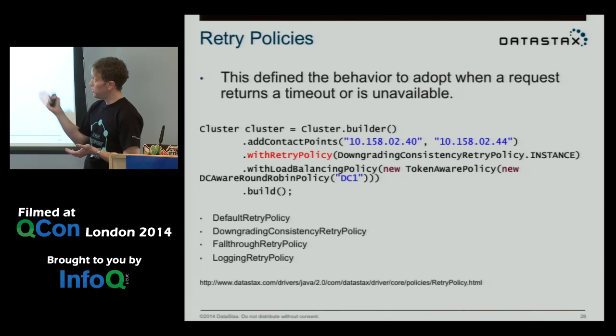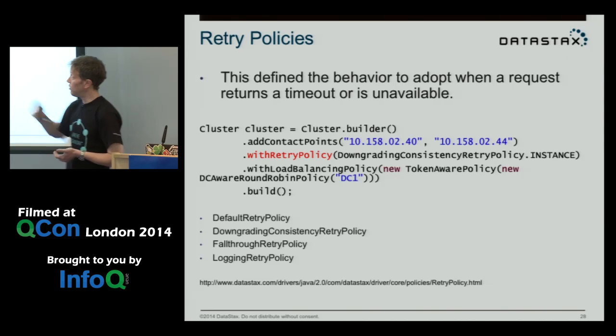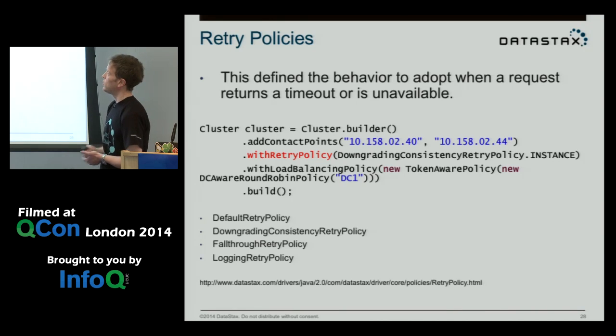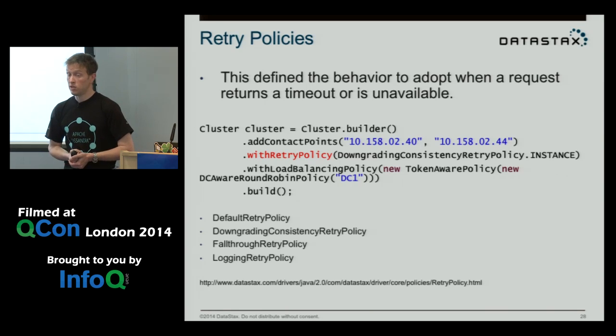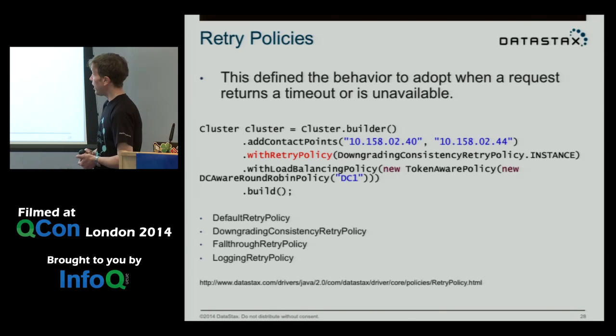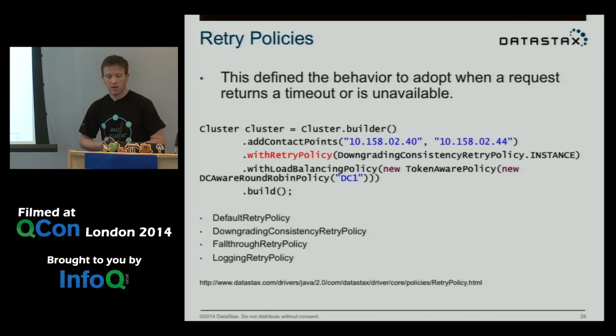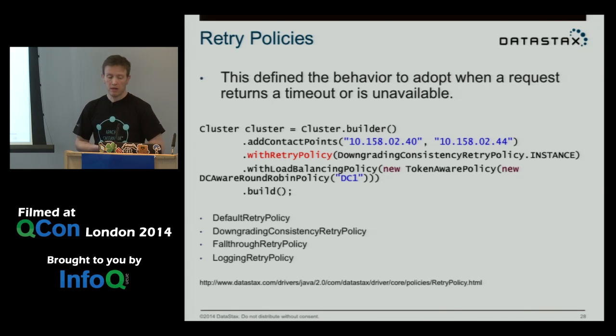And just like with the load balancing policy, when you instantiate your cluster, you say build my cluster with this retry policy, and you specify which one you want in there. There are a bunch of retry policies to choose from. So you've got, obviously, the default retry policy, which is quite conservative in what it does. It will just retry.